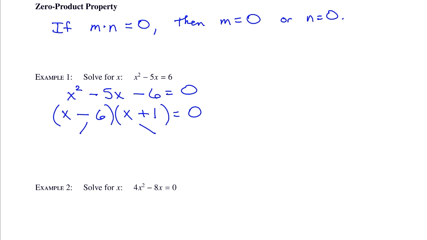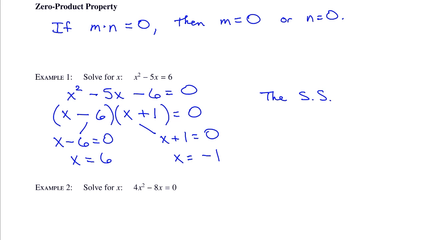Basically, we split it up here, set the first one equal to 0, set the second one equal to 0, and then solve each of those equations for x. So we have x is equal to 6, and x is equal to negative 1. So we have two solutions for this equation. And of course, we write this as a solution set. I'll write SS for solution set. And it's both of these, 6 and negative 1.